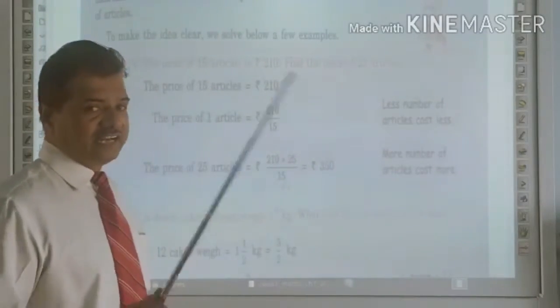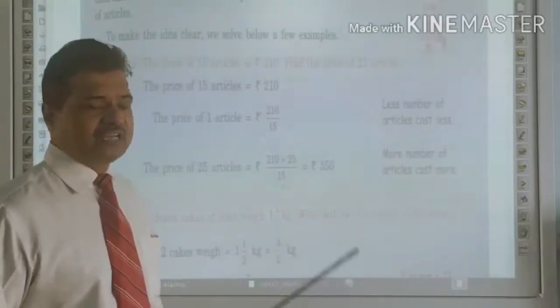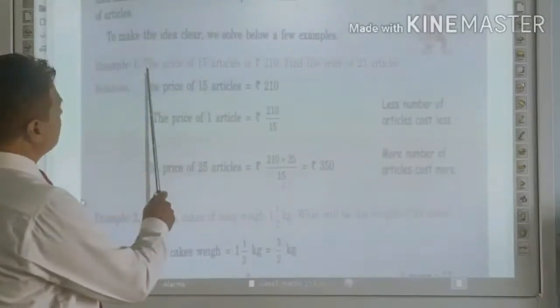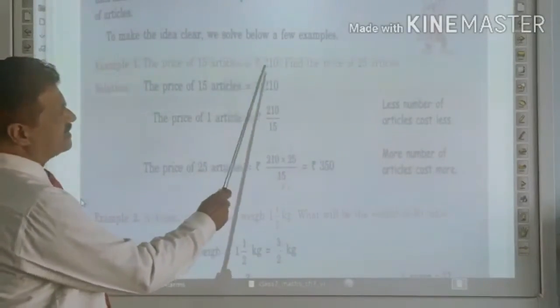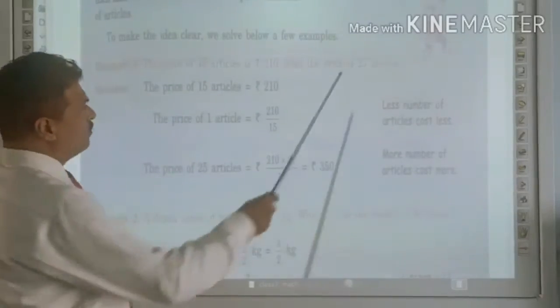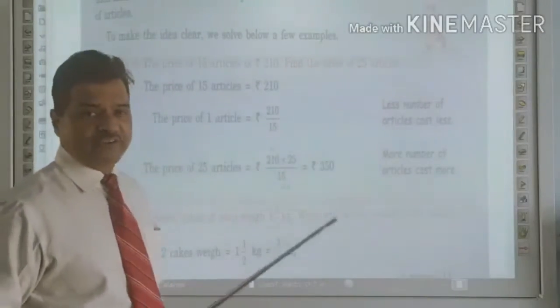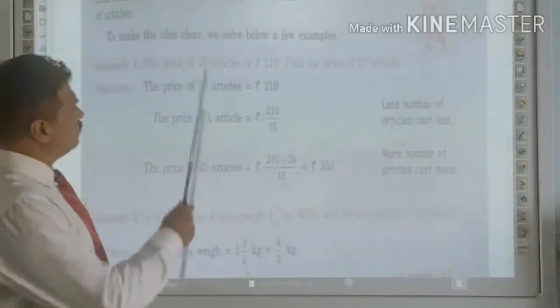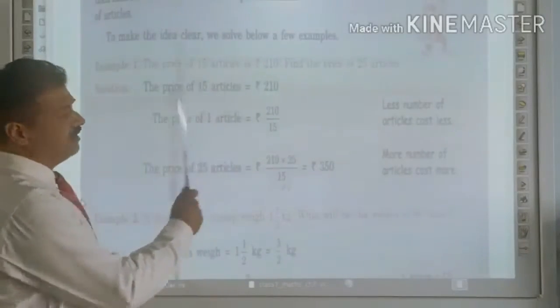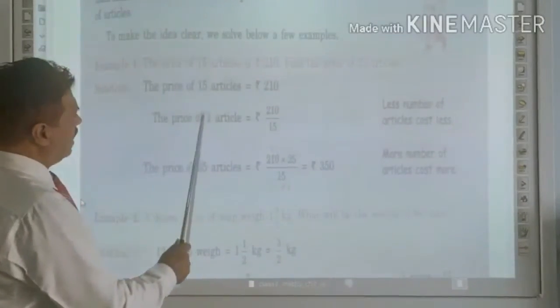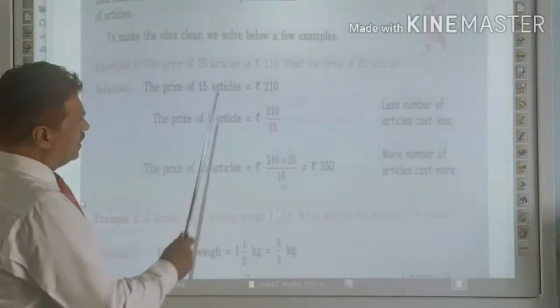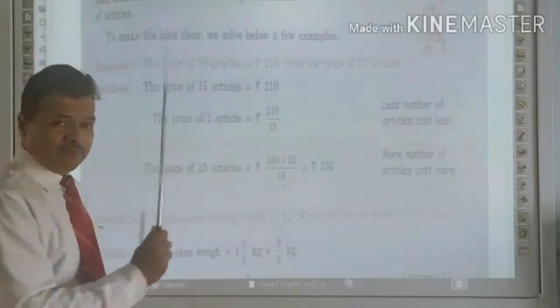Once again I repeat, this is a very simple question. The price of 15 articles is equal to 210. We want the cost of 25 articles. Students, many is given, so we find 1: 1 article is equal to 210 upon 15.